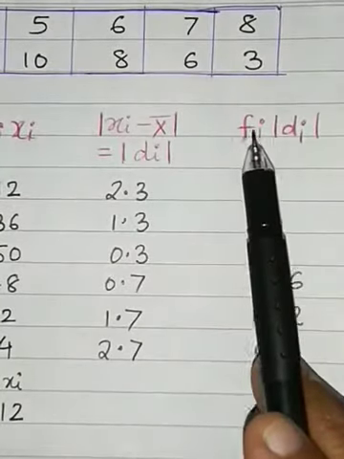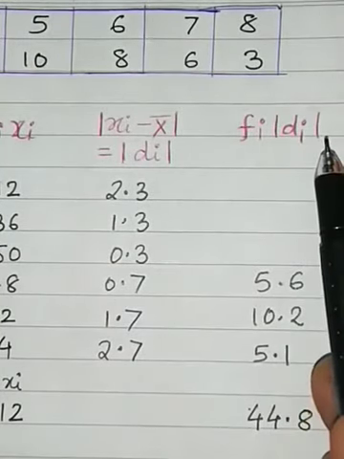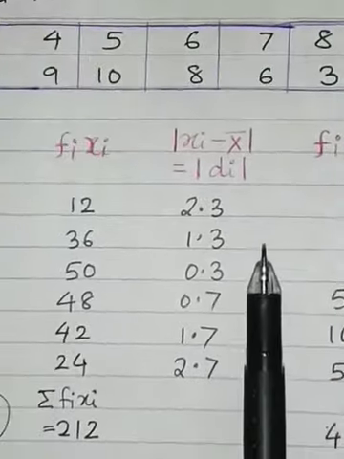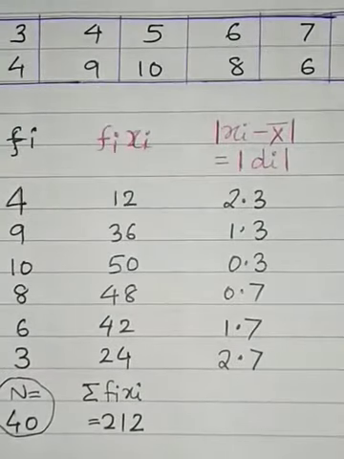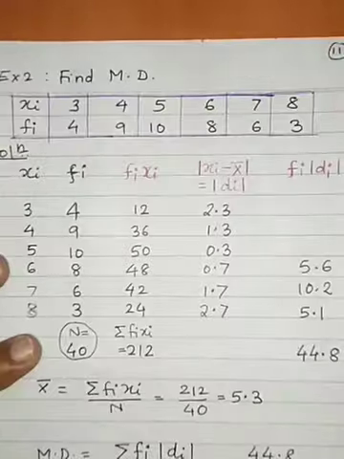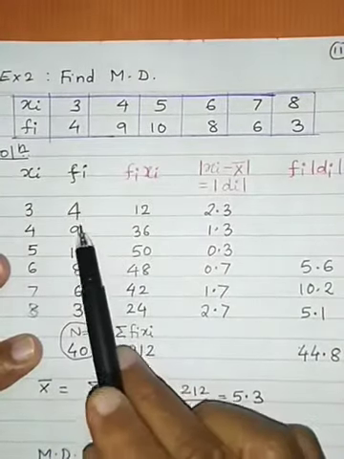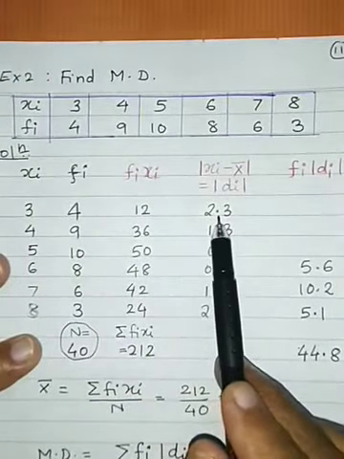The next column is fi mod di. fi is here 4, and into 2.3.